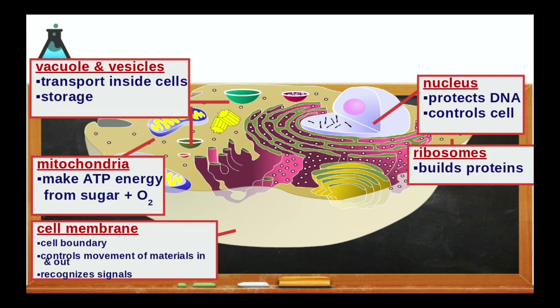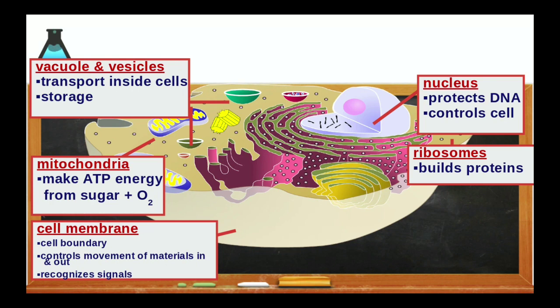As a review, inside of cells, there are various organelles which have specific jobs. The first organelle we're going to talk about is the nucleus. The nucleus protects the DNA, which gives instructions for the cell to operate. Those instructions for the cell are actually instructions on how to build proteins, which we see as traits.